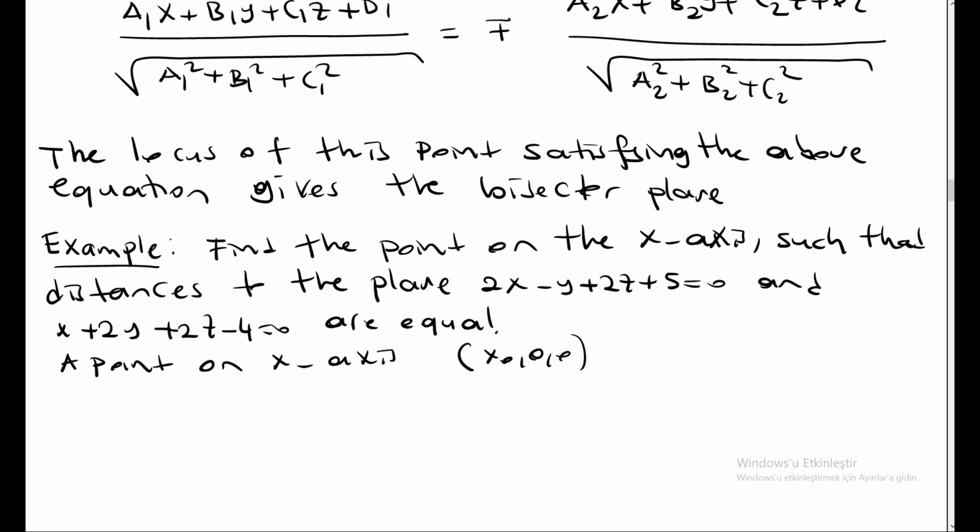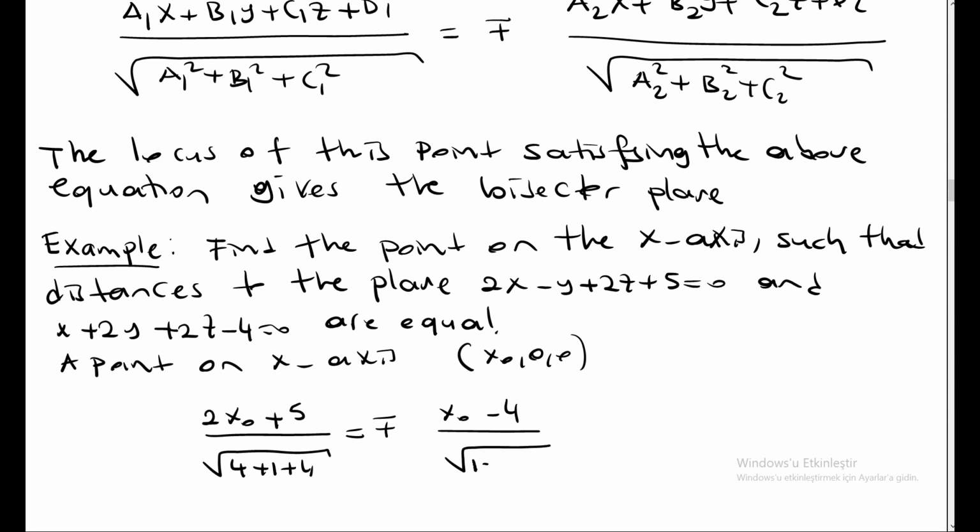The first one: 2 times x sub 0 plus 5 over the square root of 4 plus 1 plus 4 equals negative or positive x sub 0 minus 4 over the square root of 1 plus 4 plus 4.